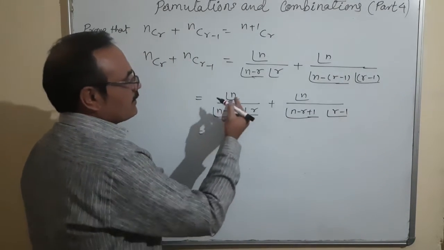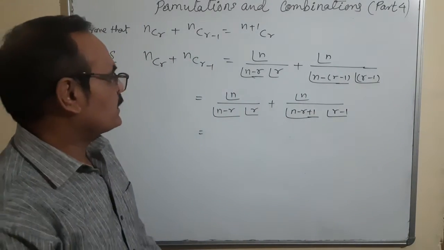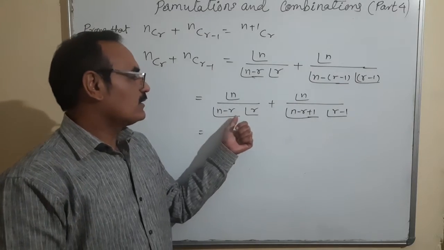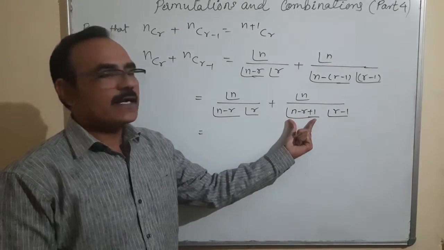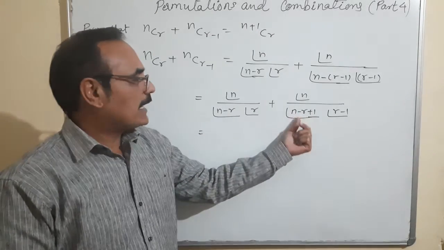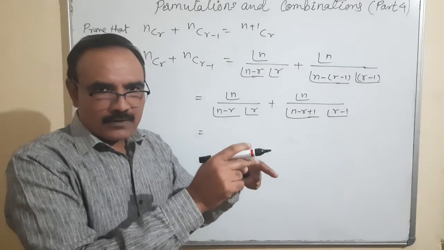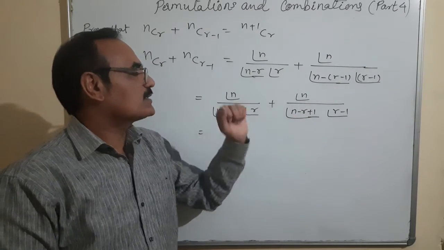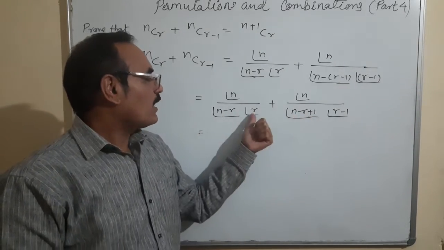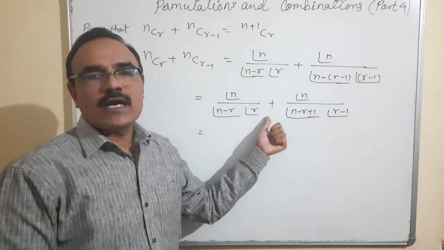Now look here, factorial n is the same in the numerator. Now in the denominator, this is n minus r, this is n minus r plus 1. If I want to write n minus r plus 1 factorial in a different way, I can write n minus r plus 1 multiplied by factorial n minus r. They will be matched. r factorial can be written r into factorial r minus 1.